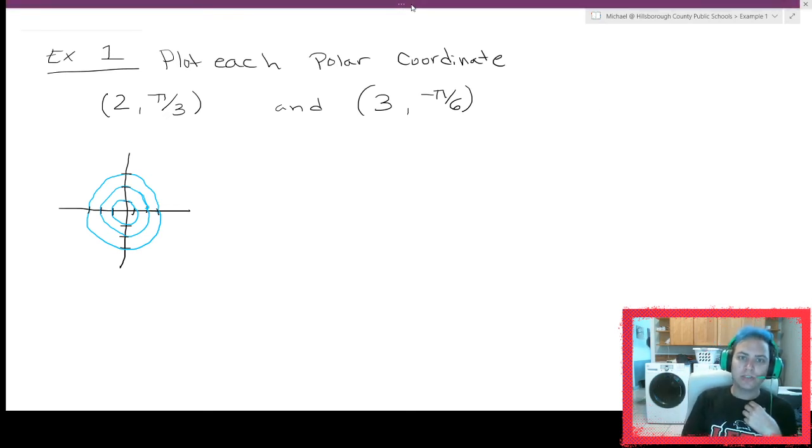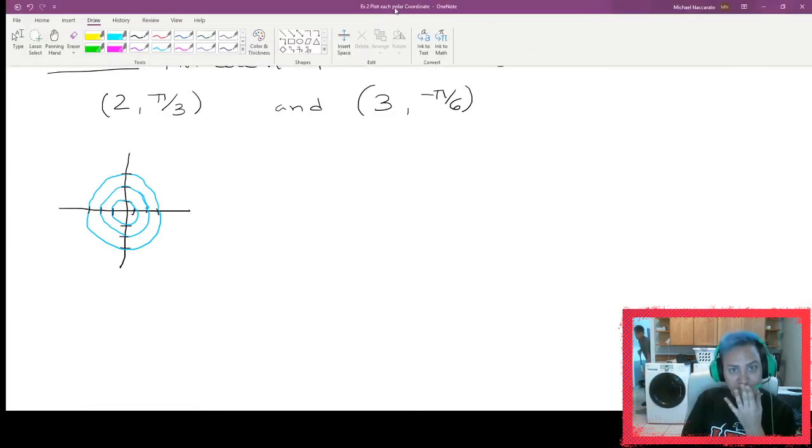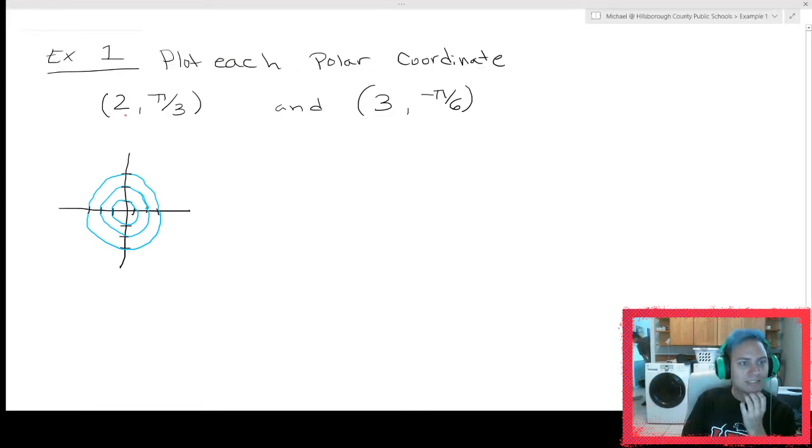So if I go to graph this point, the first thing I'm going to do is, remember we said that this is the radius and this is the directed angle theta. So I'm going to come out in the radius out to 2, to the second circle. So this whole second circle is where this point's going to show up somewhere. And then I'm going to move pi over 3. Well, we know pi over 3 is right in that first quadrant, and it's 60 degrees.